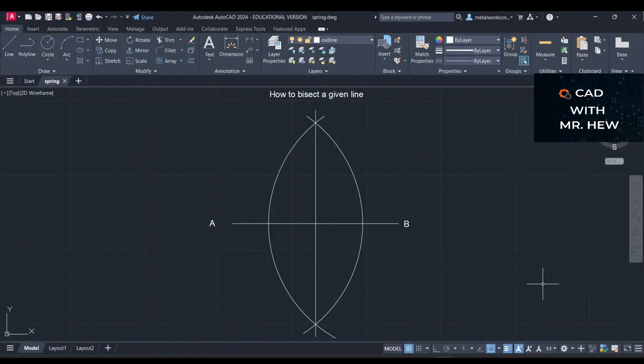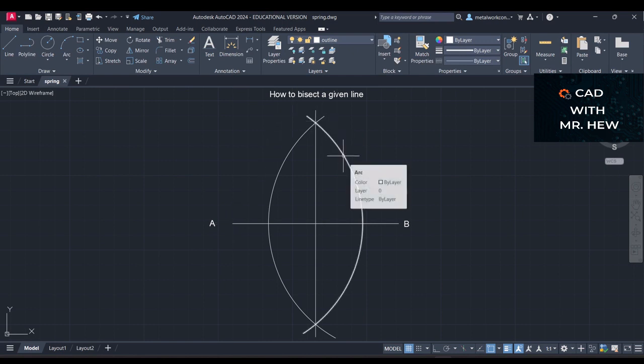Now, when you are learning to draw, the first principle that they normally teach you is how to bisect a given line. So, just to recap, here we have a line AB, and it was 300 millimeters in length, right? What we did, we marked an arc with a radius greater than half the length of the line.